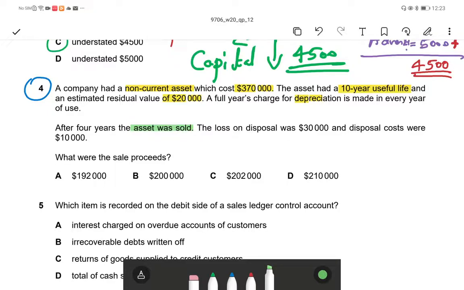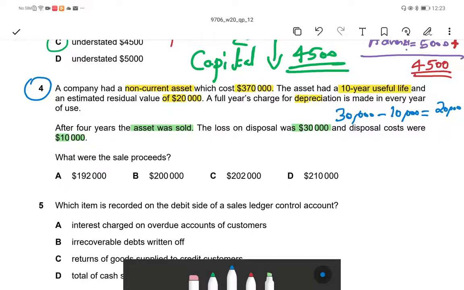The loss on disposal was 30,000 and disposal costs were 10,000. So the total disposal loss is 30,000, but it includes disposal costs of 10,000, so the actual loss is 30,000 minus 10,000, which is 20,000 only.